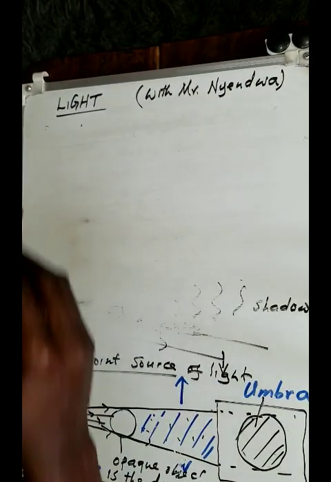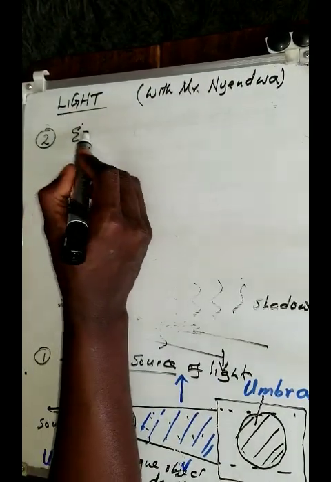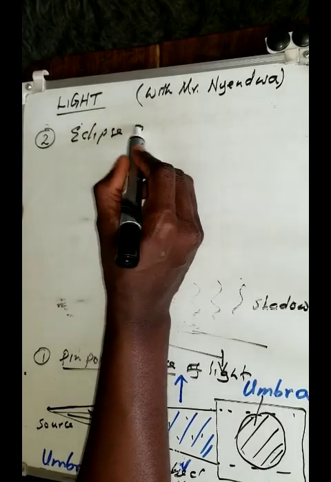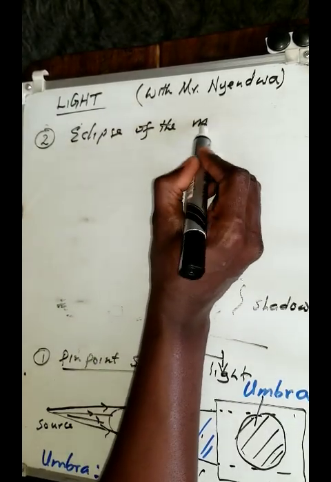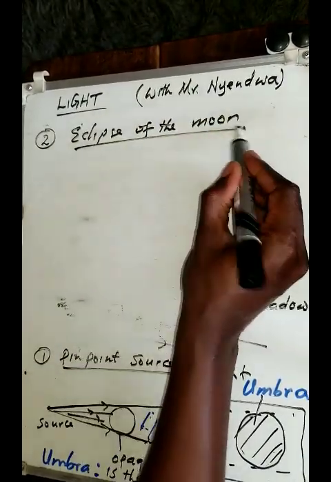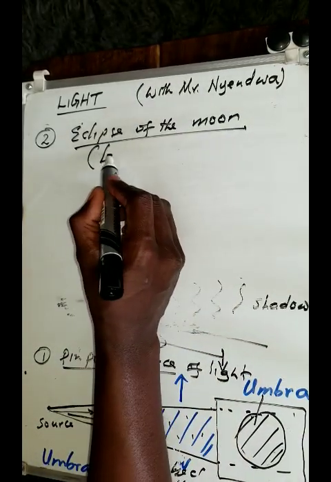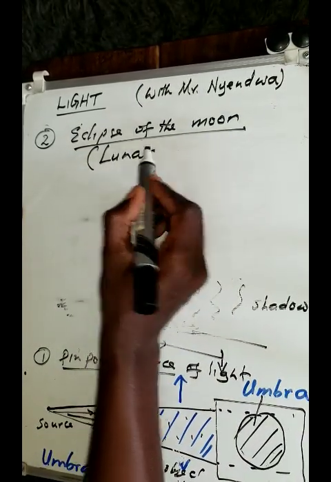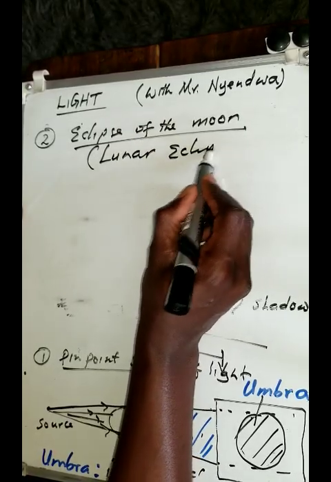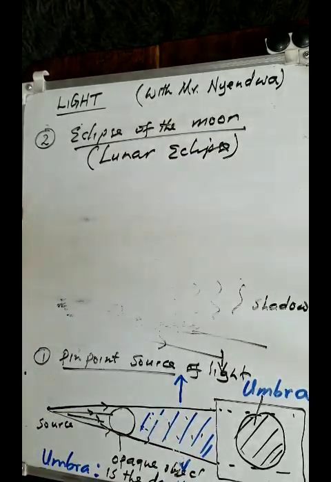So eclipse of the sun, let me just give you another example, eclipse of the moon. So you can also have eclipse of the moon, but when does eclipse of the moon take place? Eclipse of the moon is also known as a lunar eclipse. So when does it happen?